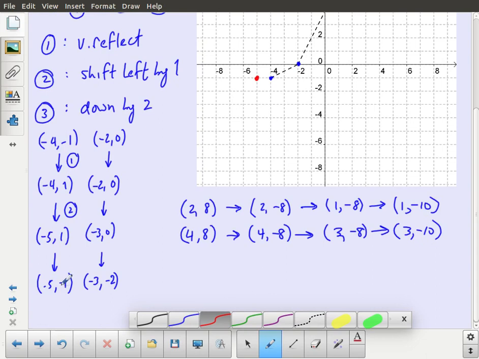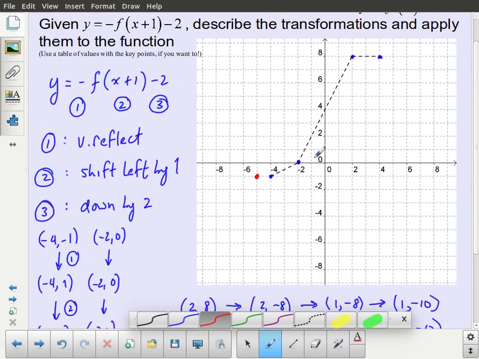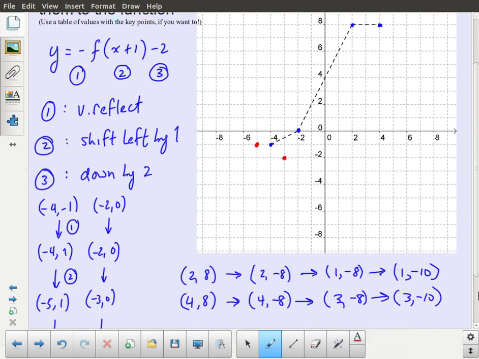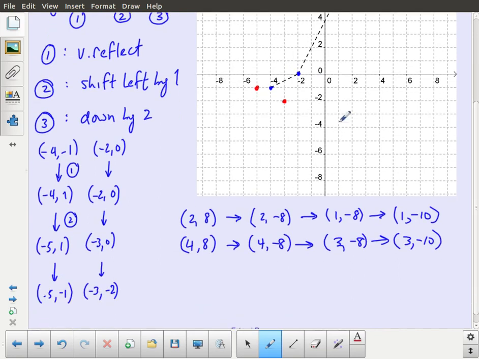So -5, -1, -3, -2, that's here. Now it's unfortunate because of my scaling. I think I'm going to have to change this question a little bit in the future, because 2, 8 is now at 1, -10, and unfortunately -10 is right there.